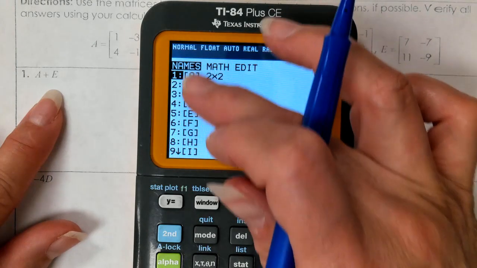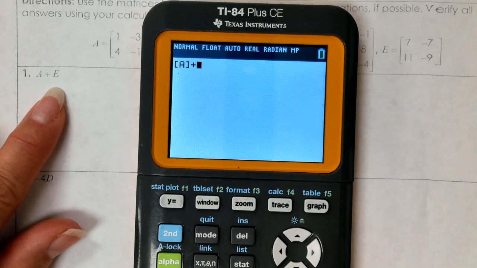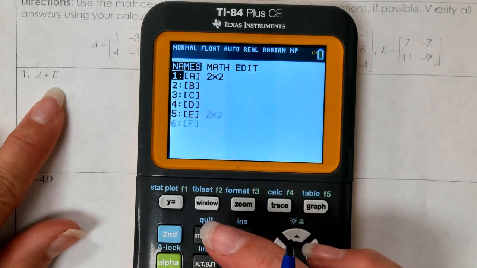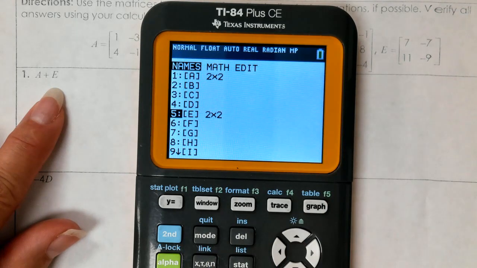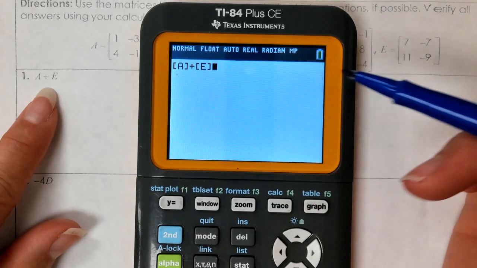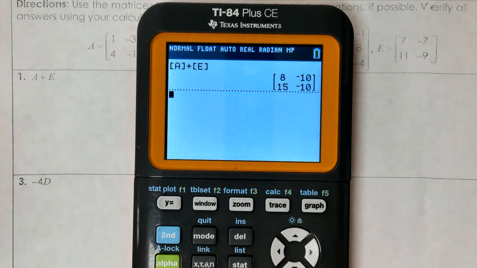See where it says name A? I'm going to hit enter to call that one up. Then I'm going to press the plus sign, and now I'm going to call up the matrix E. So I'm going to do second matrix, but this time I'm going to go down to where it says matrix E, and call it up. Notice it typed A plus E, just like we had here. I'm going to press enter, and we have ourselves an answer.